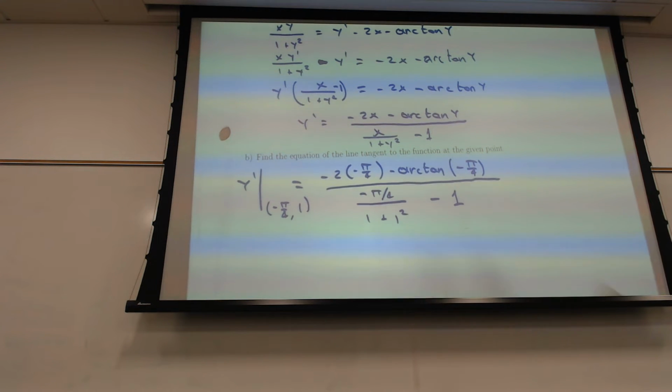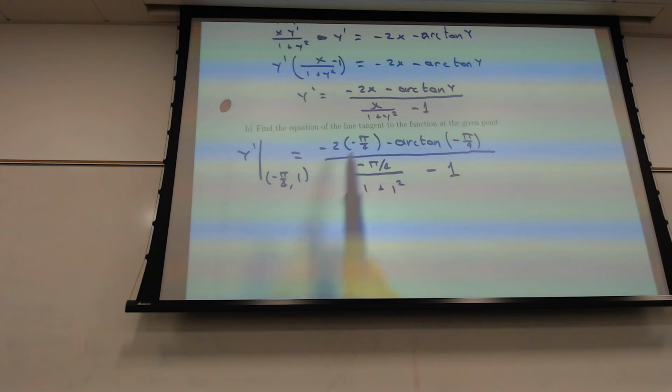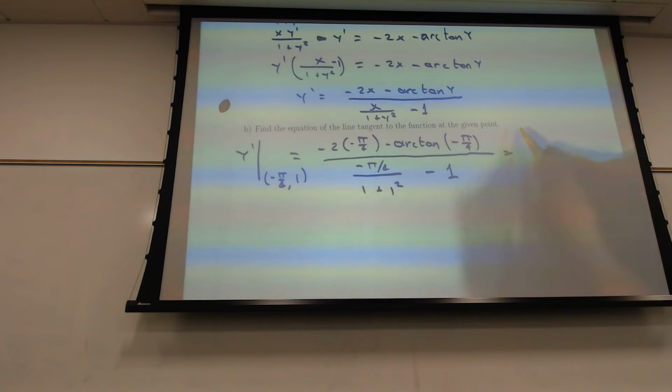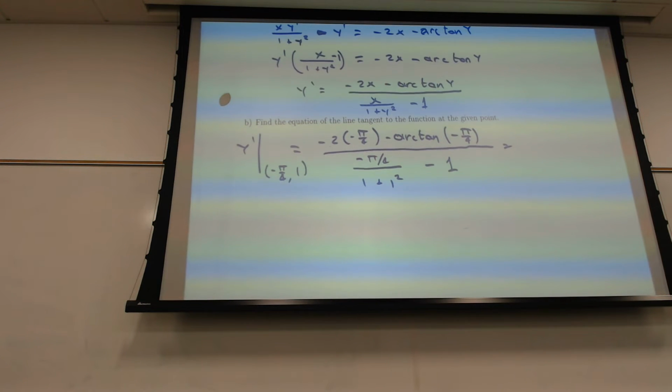I know this one looks crazy, but this one will be simplified really nicely. You'll see. So a negative times a negative over here is a positive. And 2 times pi over 4 will reduce to pi over 2.